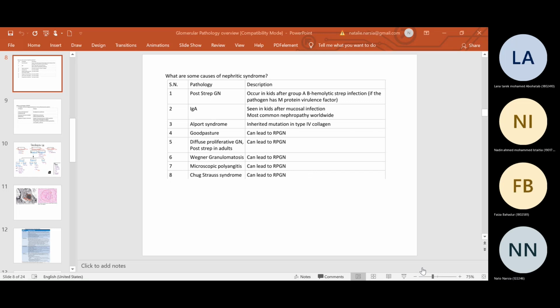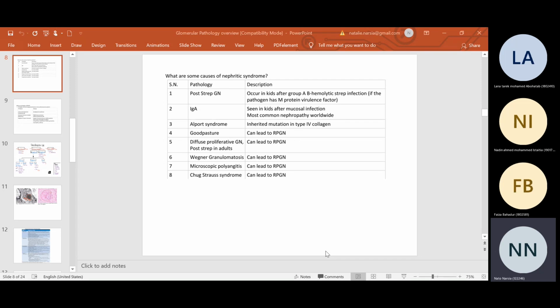The classical case, post-streptococcal glomerulonephritis, you will find in a kid, but you can find it in children as well as in adults.